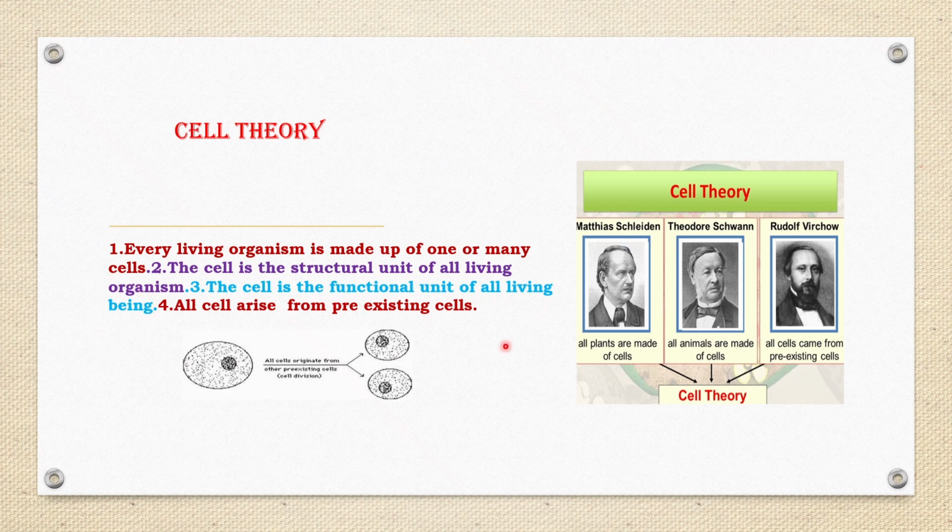As you know, every function like excretion or respiration, everything is done by the cell. And you understood easily with this example that all cells arise from pre-existing cells. So if a question comes, write the salient features of cell theory, you have to write all these four points. I hope you understand. If any query, then you can text me.